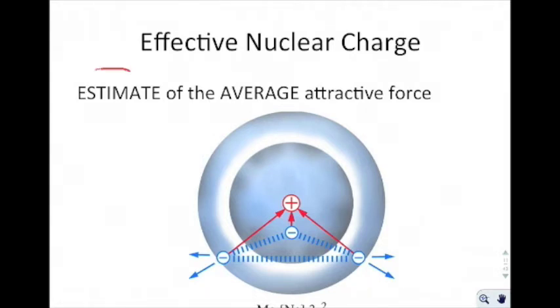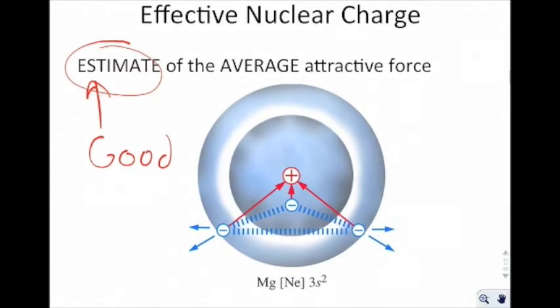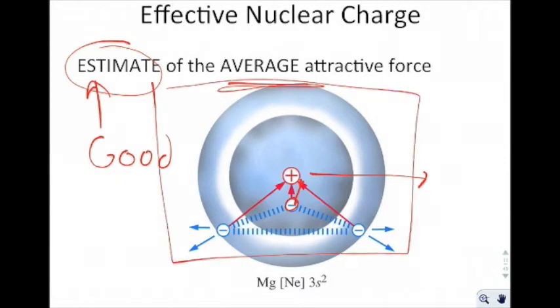It's key that you understand that it's an estimate, but it is a very, very good estimate, and it actually helps us explain all of the patterns that we see in the periodic table. So it's a very good estimate, but it is by no means exact. And it's an average attractive force. This electron will move closer to the proton, and it will be further away. So it's just taking the estimate of a snapshot and putting it all together.